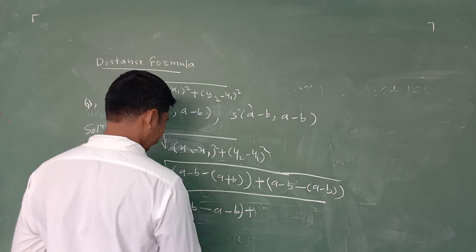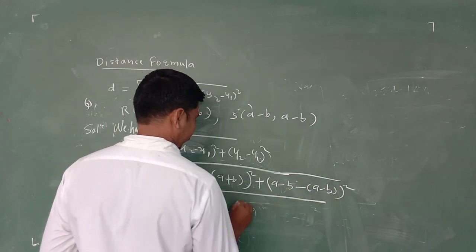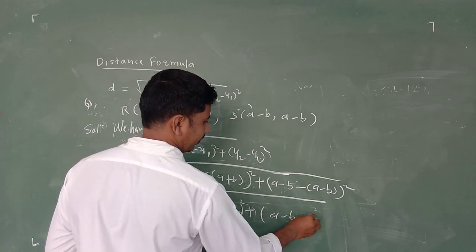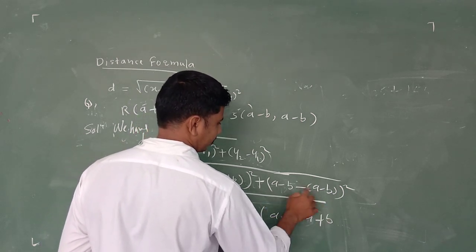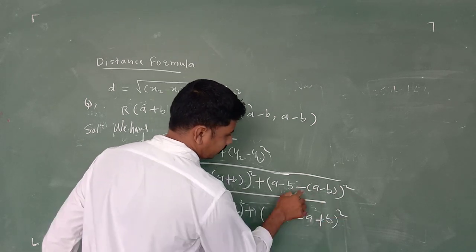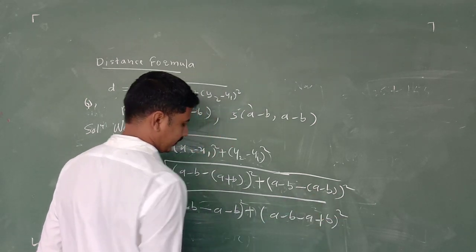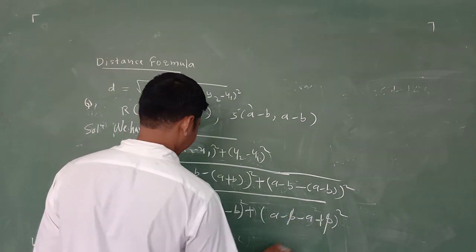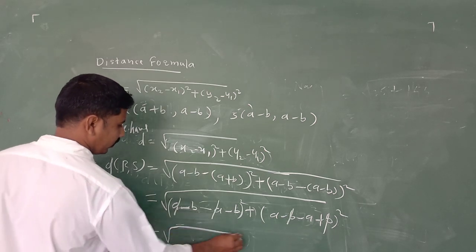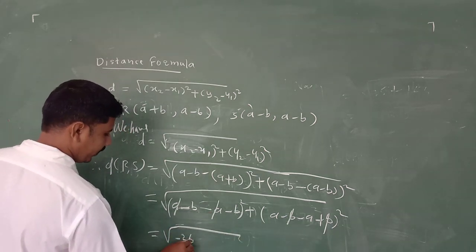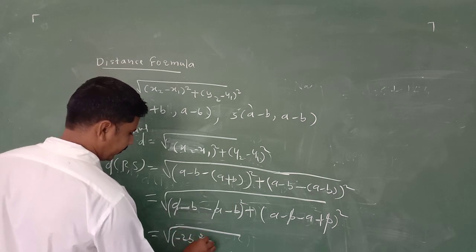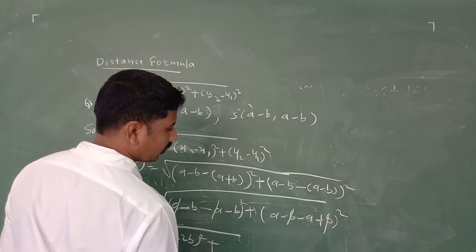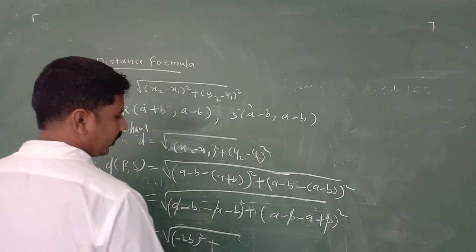Minus into minus is plus, minus into plus is minus. So minus a gets cancelled, b gets cancelled. It is equal to under root (minus 2b) bracket square, you don't have to forget, plus the second bracket, where minus a also gets cancelled.